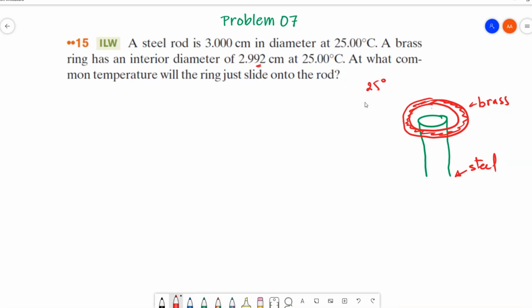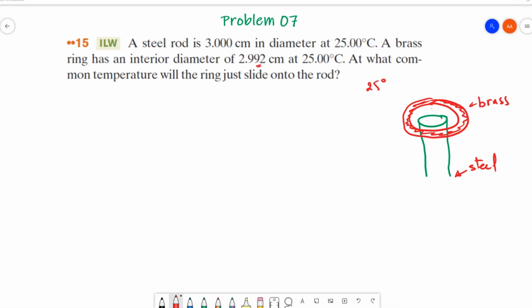Now, if we increase the temperature, the characteristic distance of each object here will change, and they will change differently, for steel and brass. So at some moment, the diameter of the brass will be exactly the same as the diameter of the steel, and so it can slide. Okay.